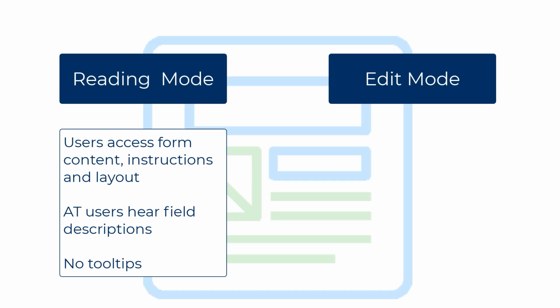In reading mode, the assistive technology, or AT, user hears the document content, including field descriptions, which are visible labels, such as first name or date of birth, as part of navigating the form layout. The tooltip information, which tells the user what to fill in each field, is not read in reading mode. Only the description and/or label is available in reading mode.